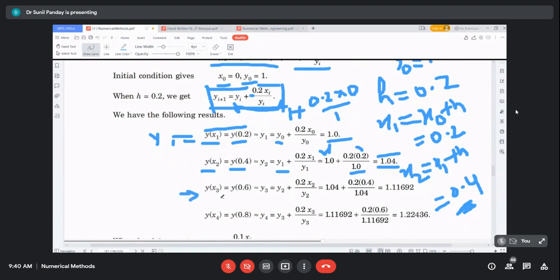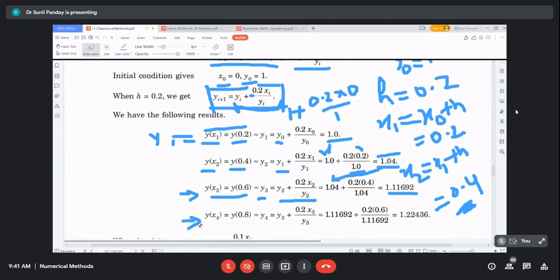Similarly, to calculate y at x3, since x1 is 0.2 and x2 is 0.4, you know that x3 is 0.6. So y of x3 is equal to this one, and if we replace i by 2 in the formula on the right side, you will get y2 plus 0.2 x2 upon y2. y2 you have obtained in the previous step, so you substitute 1.04, then 0.2 x2 is 0.4 divided by y2, and after simplification you have this.